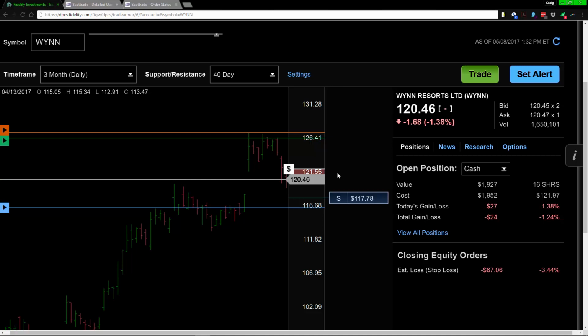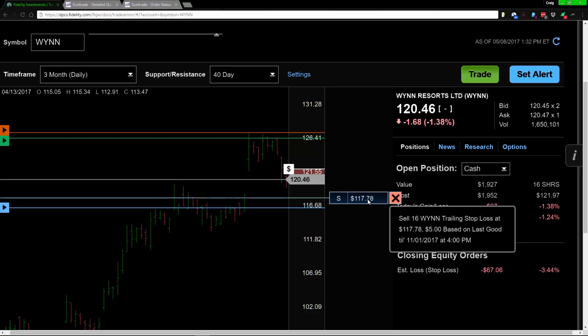So what ended up happening is, when we bought at 121.55 per share, the trail stop needs to be at a $5 gap. Trail stop loss needs to be at a $5 gap.